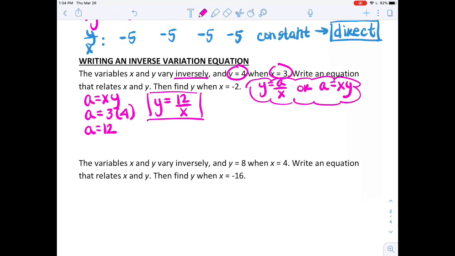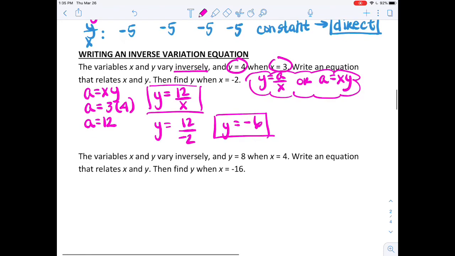Well, all we have to do is plug in x equals negative 2 into this equation that we just wrote. So y is equal to 12 over negative 2, or y is equal to negative 6 when you simplify that. Okay, so we wrote our equation by figuring out what a was given one specific point, and then we were able to solve for another specific point.